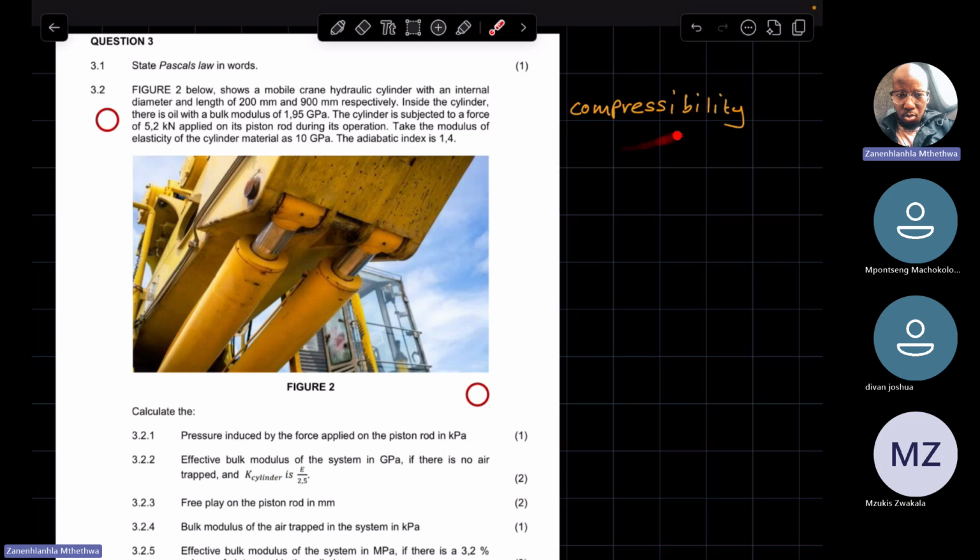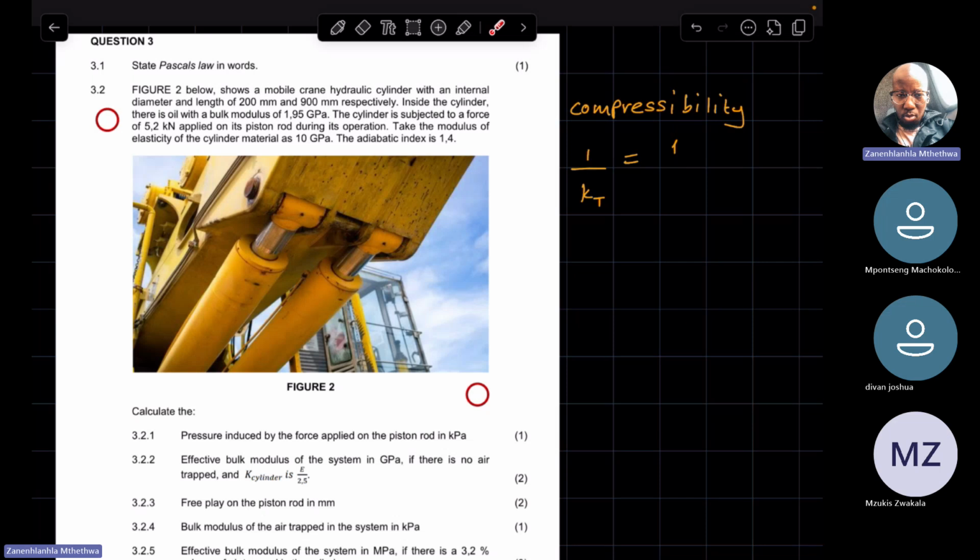And how you calculate a material's compressibility is as follows. It's going to be 1 over K total. So this is just in general, equal to the sum of the substances that are involved in what you are looking at.